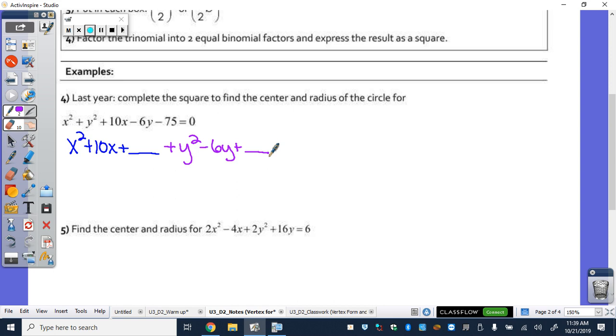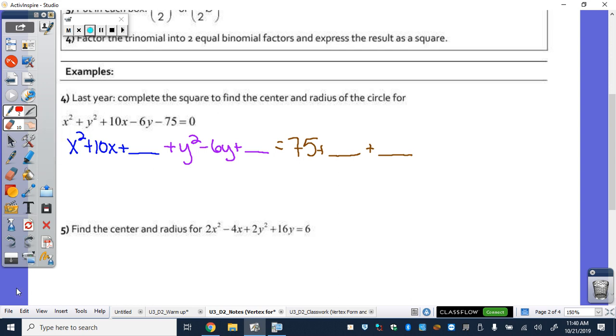So my y squared and then my minus 6y and then plus a space. This time you do absolutely want to move that 75 over because again, it's supposed to equal the radius squared. So you have to bring that number over to the other side. And then you still have to add 2 spaces. One space is from the x's, one space is from the y's.